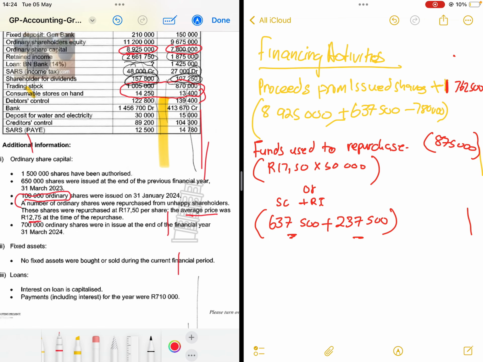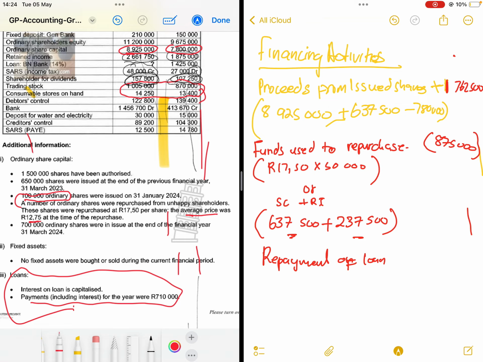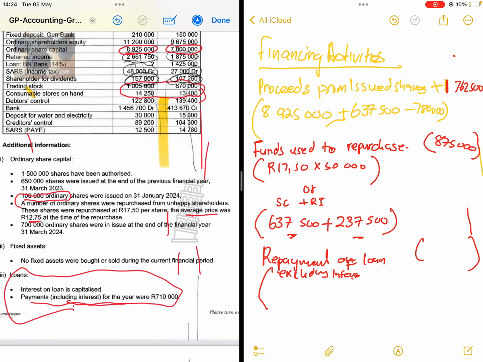Now, coming to the last one, change in loan. When you are given the loan like this, all the time this is a repayment. A repayment of loan means you paid, money went out. But we need it excluding interest. So you take the repayment of loan, including the interest, of 710,000.